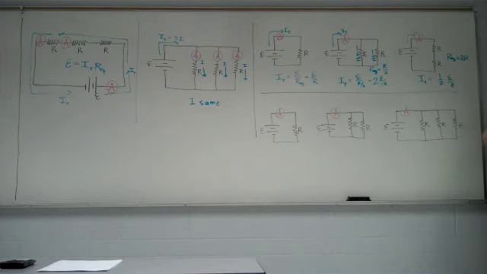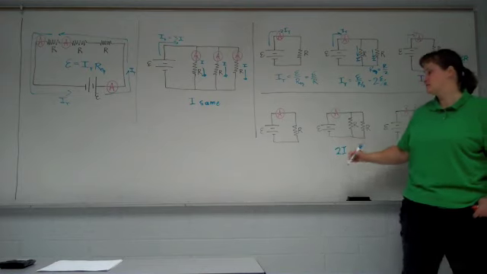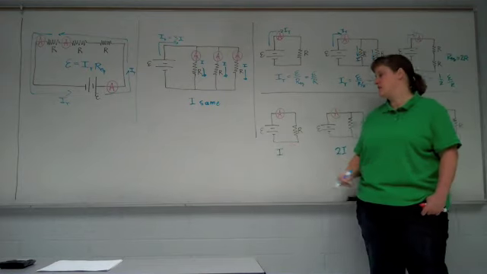So the current's biggest in parallel, then we have the single resistor, and then we have the series resistors. So for these last three, 2 in parallel versus 1, which one's going to have the most current, the biggest I total? 3 resistors. Going with 3 resistors. This is going to be 3I. This one's going to be 2I, and this one would just be I.